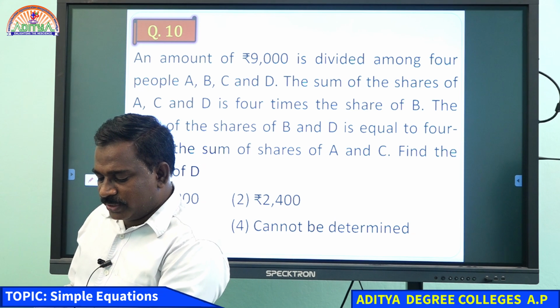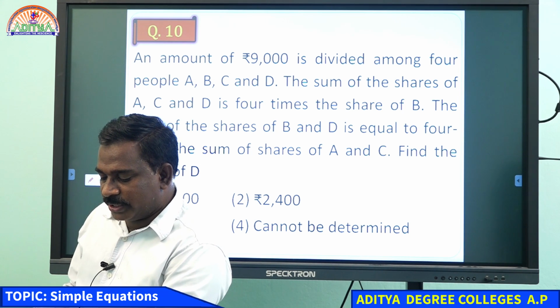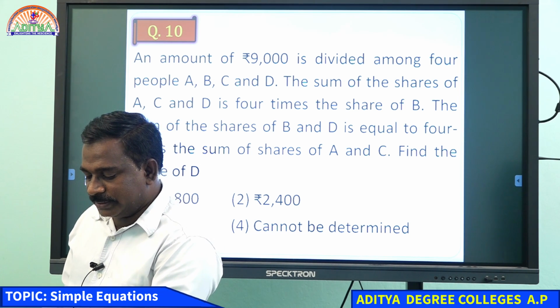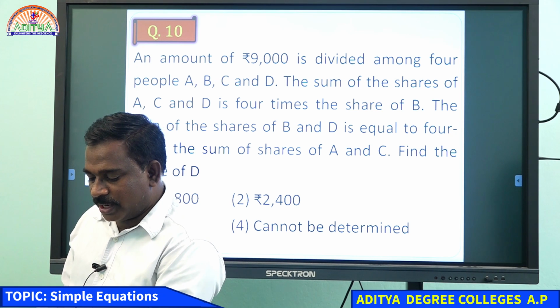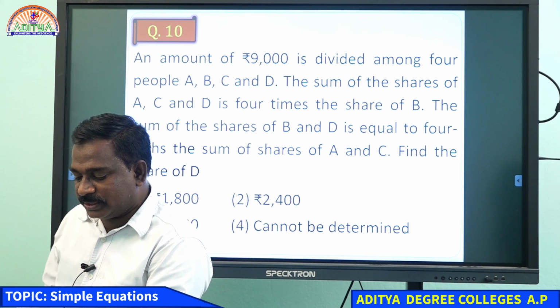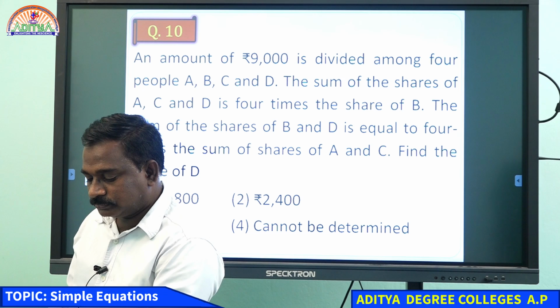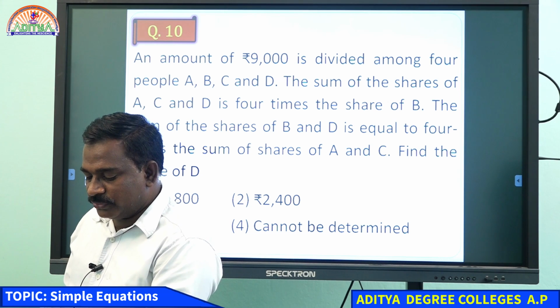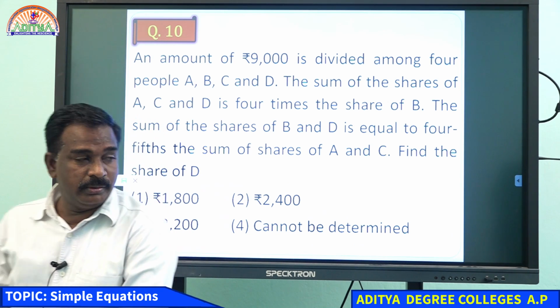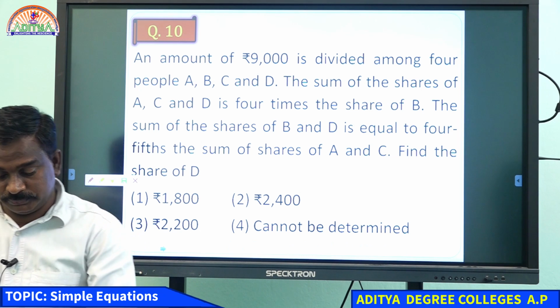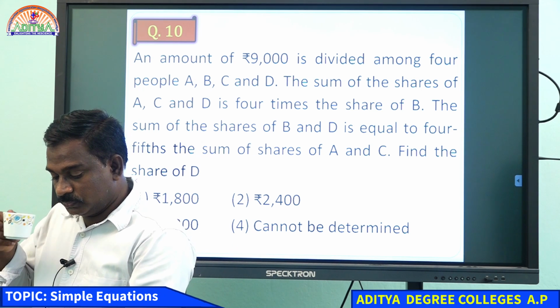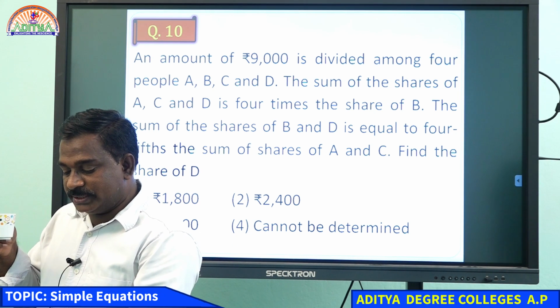Many have written 2,400, some have written 2,200. I think 2,200 is correct only. Somebody has written, Sri Kirti has written, cannot be determined. Many have written 2,200, and some have written 26 also.